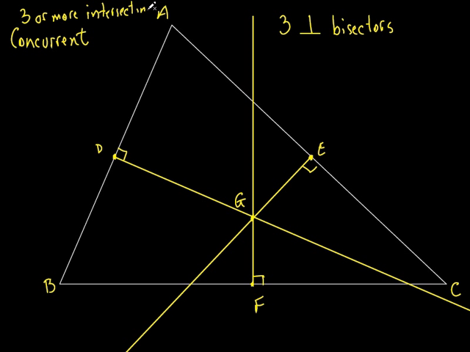If you have 3 or more intersecting lines, and they intersect at the same point, okay, they're not just 3 lines that intersect. It's not like that. Those are 3 lines that intersect, but they don't all intersect at the same point, do they? So that's not concurrent. Okay, 3 lines that intersect at the same point, we call that concurrent. So we have concurrent lines right here.